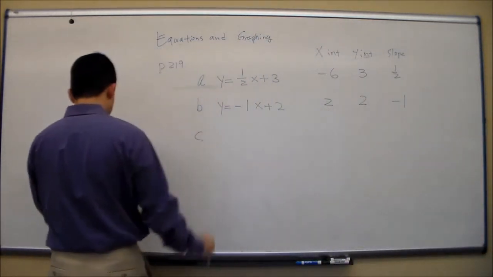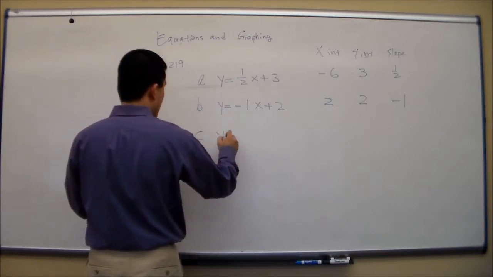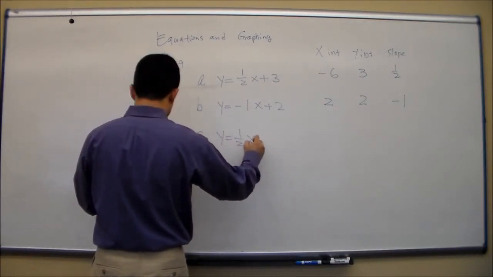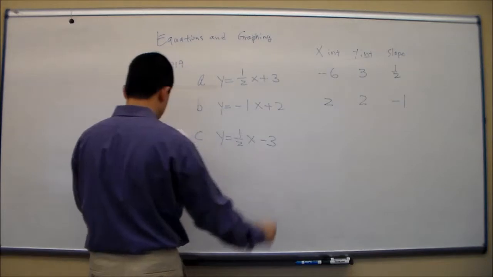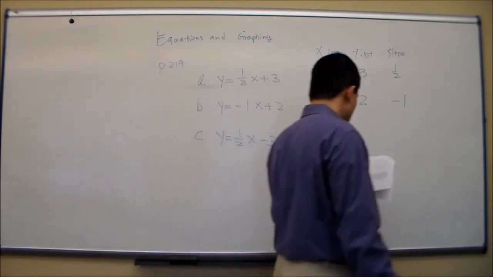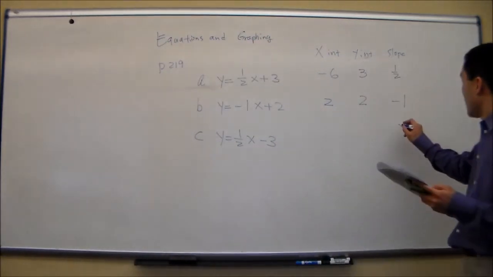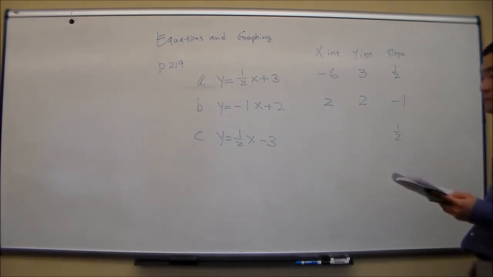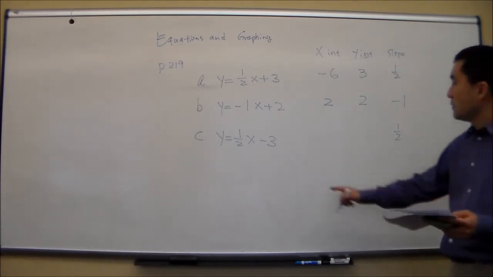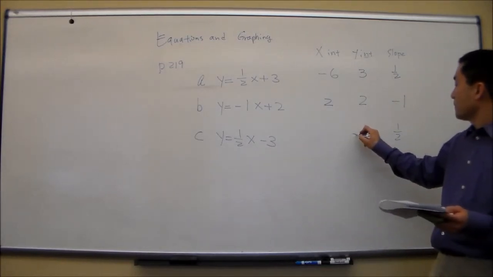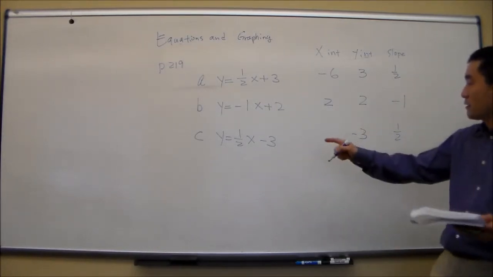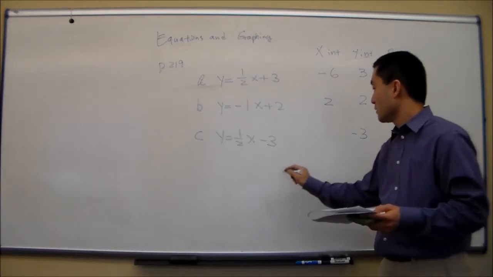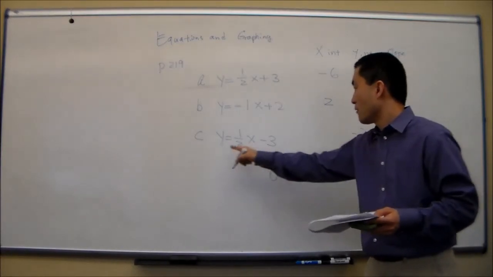So let's do C. y is half x minus 3. Slope is given to you, half. What's the y-intercept? Easy. This number. So let's do the calculation for the x-intercept again. So again, make the y 0.